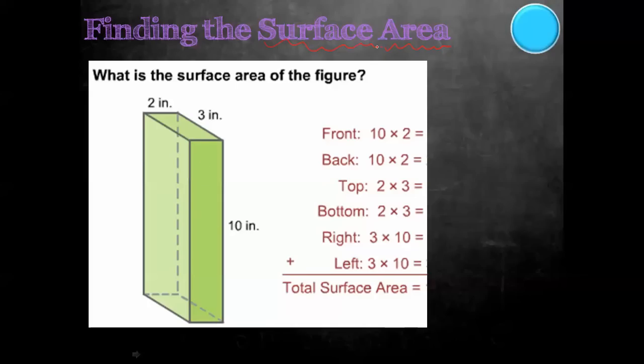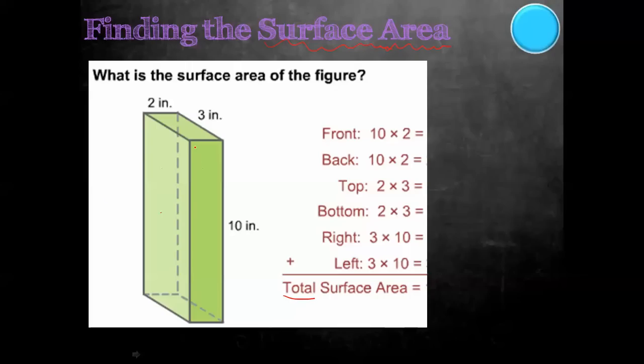Surface area is going to be the amount of cubes that take up the outside part of a three-dimensional figure. So this is where knowing your faces becomes really important, because when you're finding the surface area, you're just going to find the area of each face, and then add up all of those numbers for the total surface area. So let's do that here.